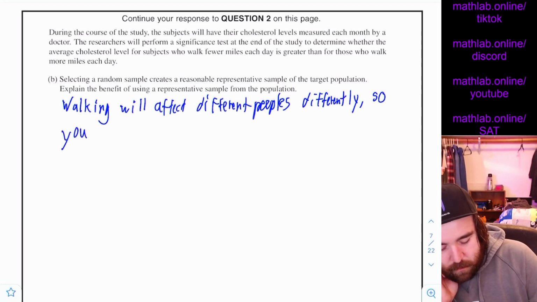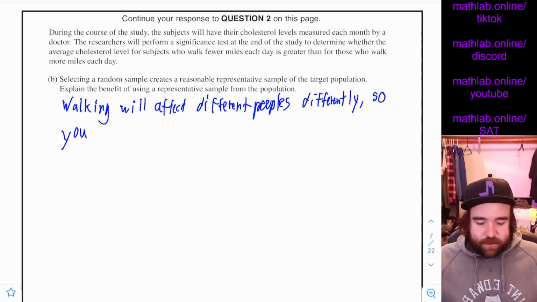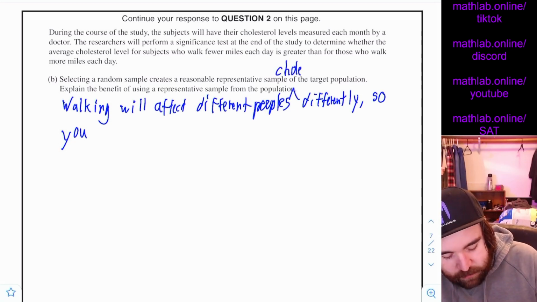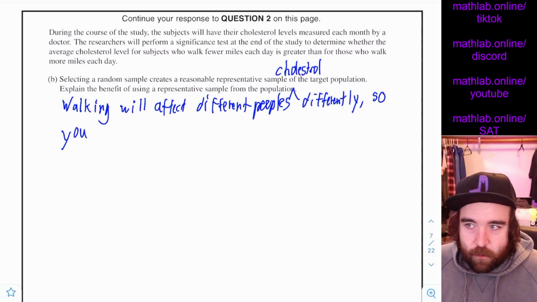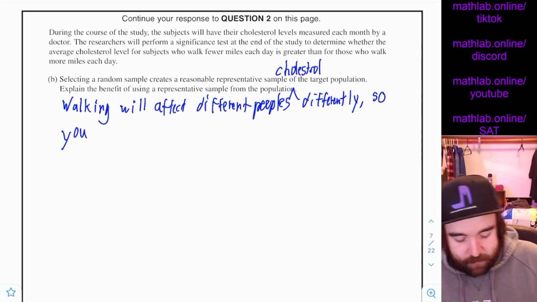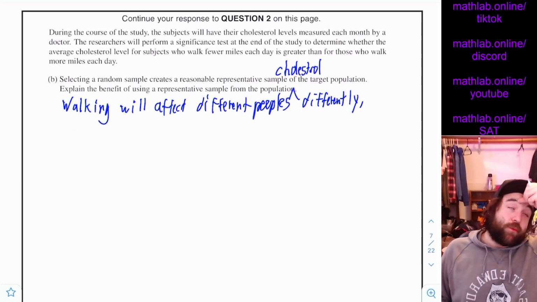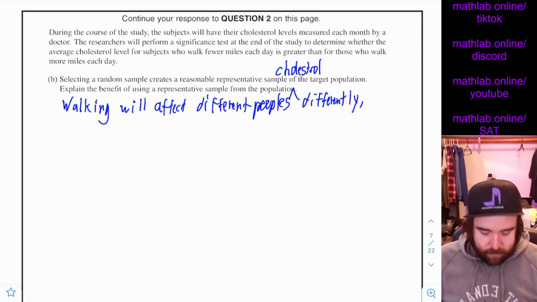So you got to make sure you get like everyone. Should I say there are differences between groups? Should I specify on that? Walking will affect different people's cholesterol differently.